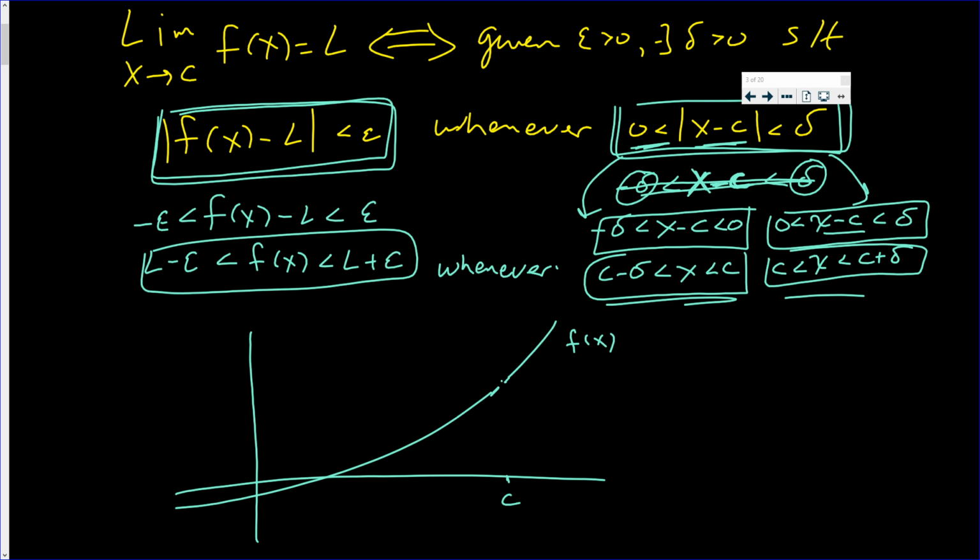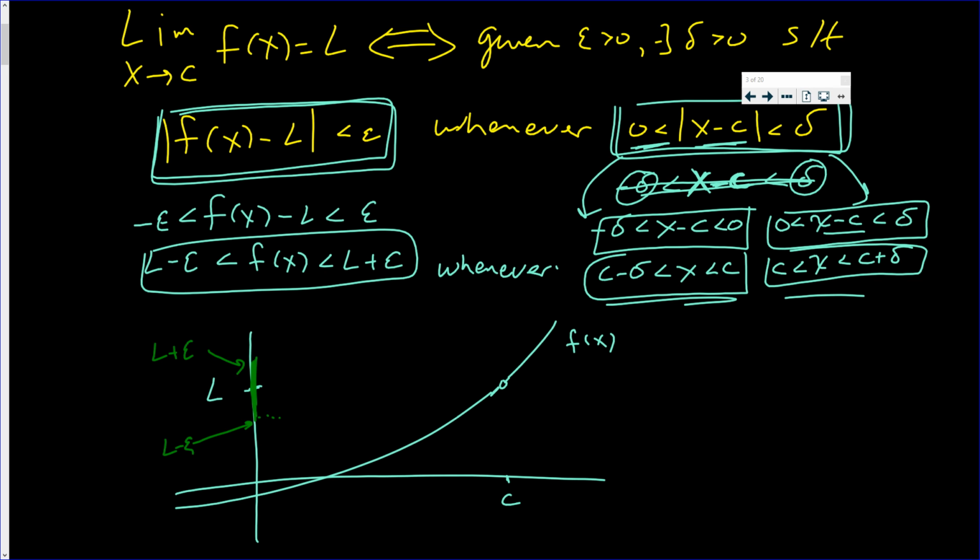But at c, there's this open circle. Now, we claim that this is L. So what we do is we pick an epsilon neighborhood. Given any epsilon, the top piece is L plus epsilon. The lower piece is L minus epsilon.